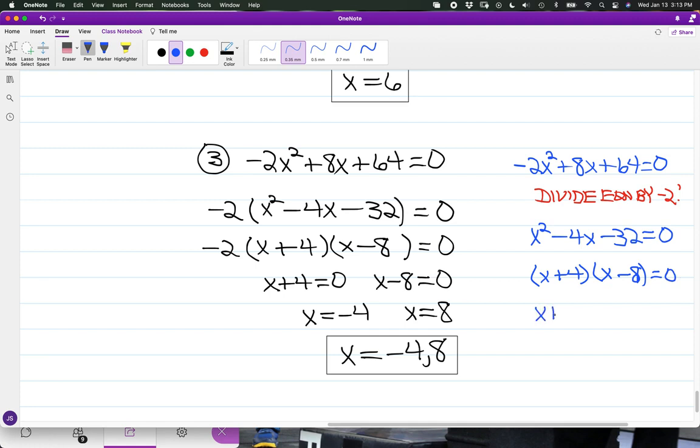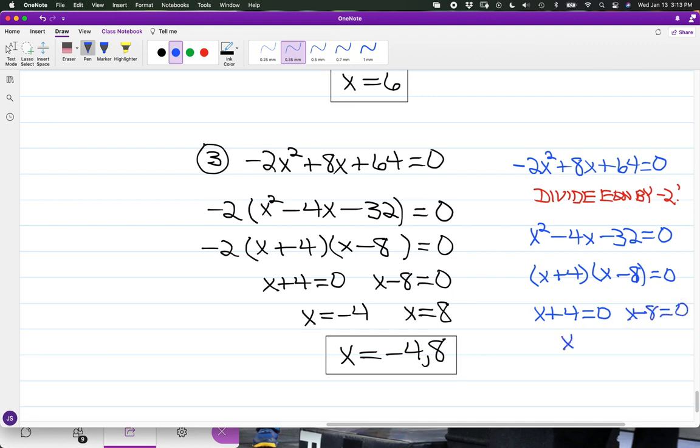And once again, just set each of these equal to 0. You still have x at negative 4 and also x at positive 8. Both approaches are viable, and you still get the same result.